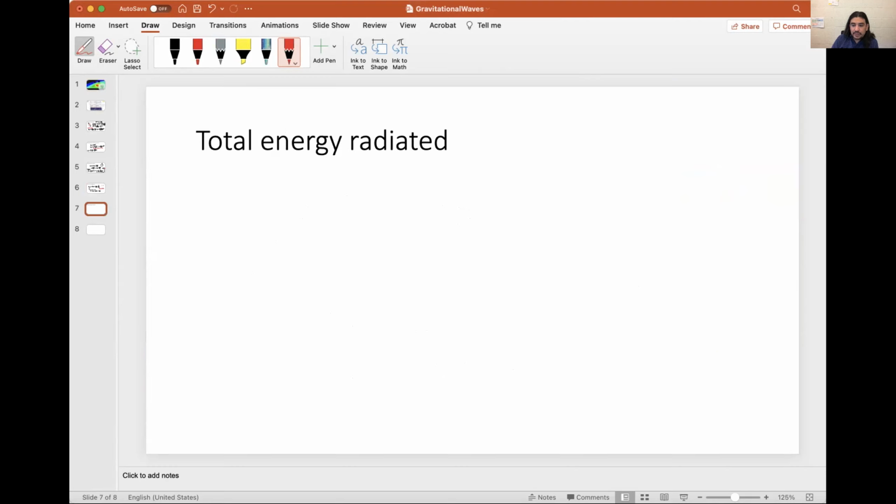And the LIGO collaboration figured out that, let me write this down, the gravitational radiation generated when the two black holes collided and merged into one was about 3 solar masses.